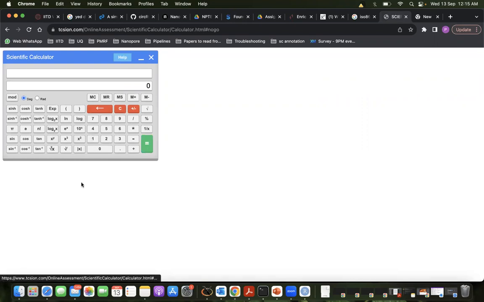So you'll write your number. Let's say I want to find log of 9 base 3. I'll write 9, press this, then press 3, and then press equal to. So I get 2.